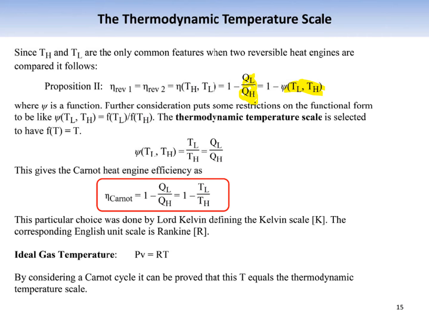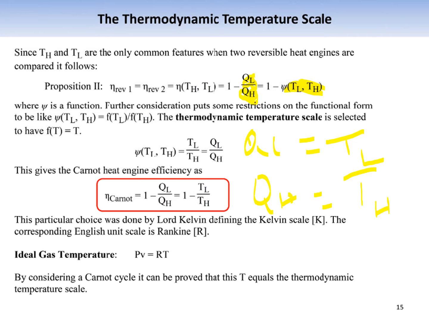Since it's a function, the simplest function is the unity, that is, equality: QL is equal to TL and QH is equal to TH. It is a function that we can suppose, and it is the simplest one, and it will have the maximum effect.